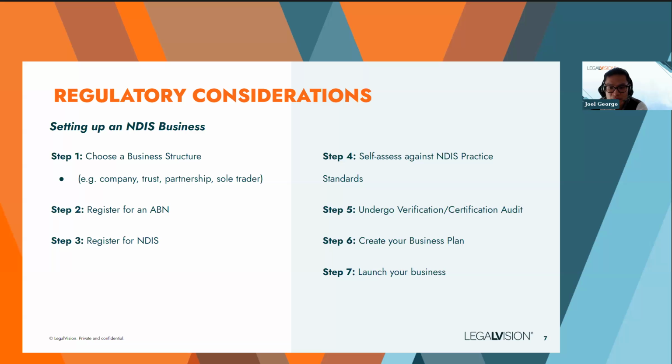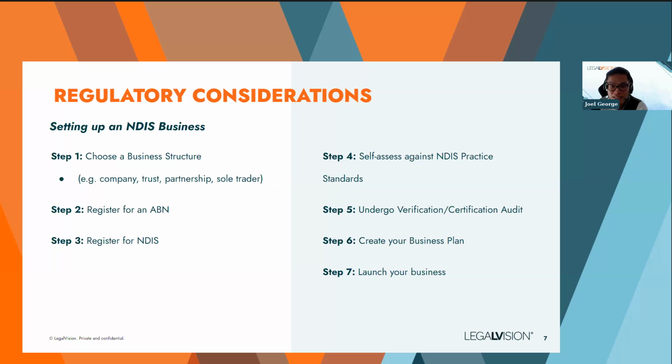Step two, then, is to register your structure for an ABN. So once you have set up your structure, you need to register that structure for its own ABN. Now, remember, if you change your structure in the future, the ABN doesn't move, it doesn't change. You actually need to apply for a new ABN.